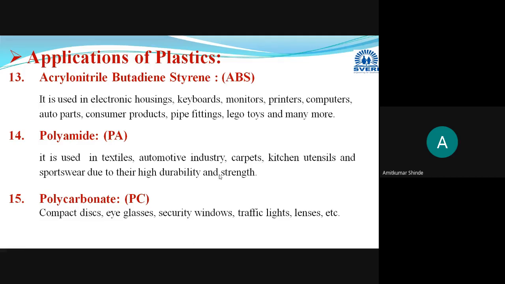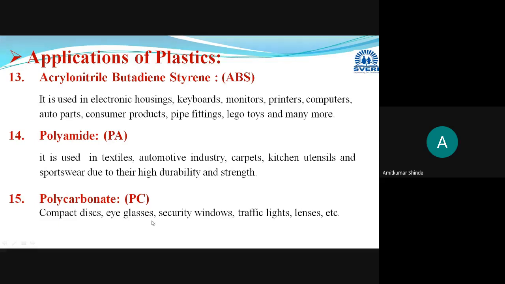Then different kinds of sportswear having high durability and strength, such as shoes, trekking sports shoes, sports jackets, and gloves. All these can be manufactured with the help of polyamides.